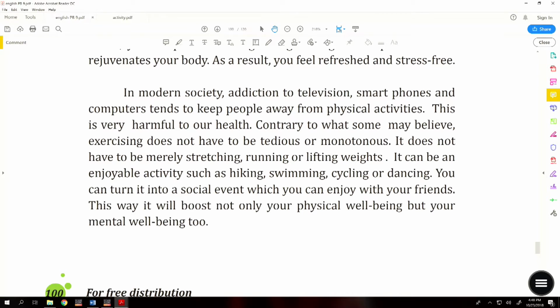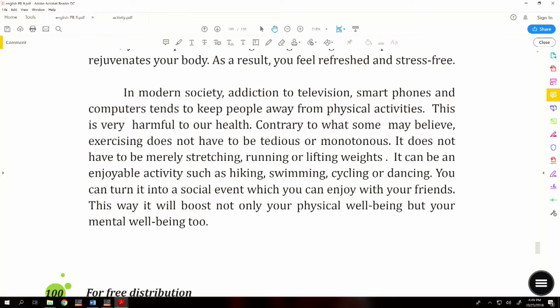Contrary to what some may believe, exercising does not have to be tedious or monotonous. It does not have to be merely stretching, running or lifting weights. It can be an enjoyable activity.